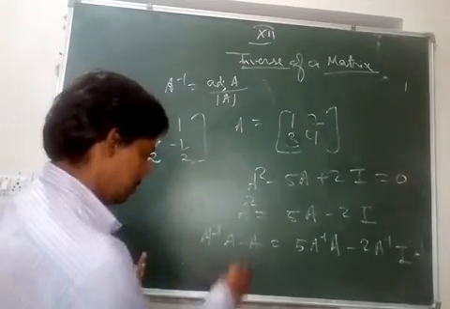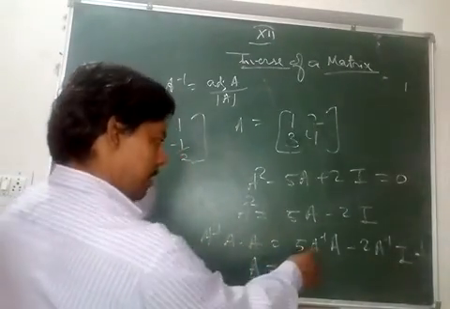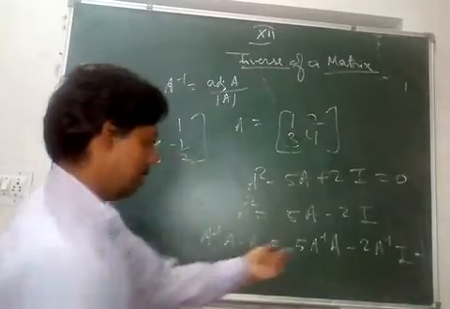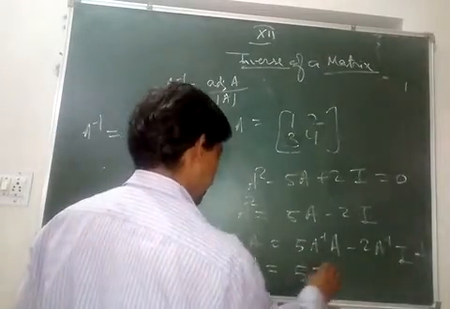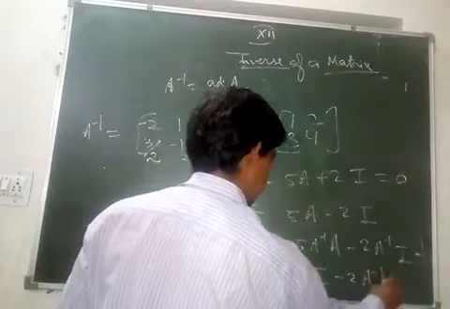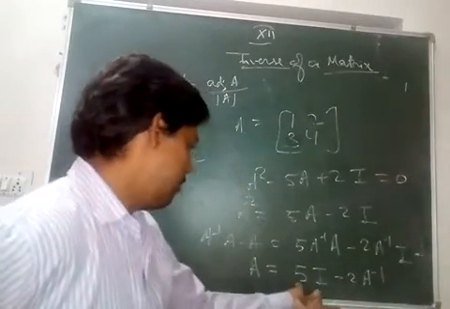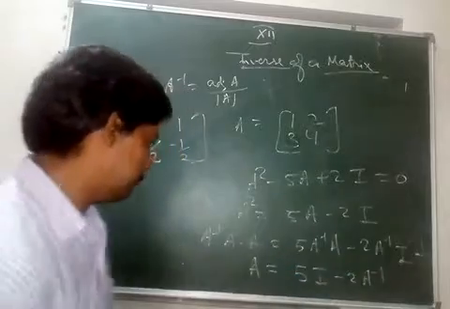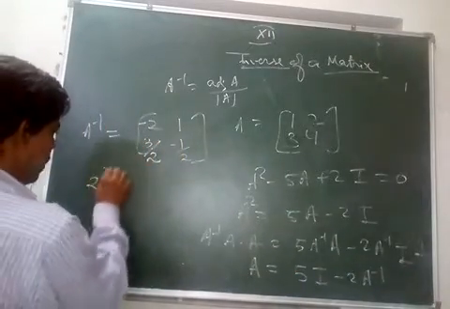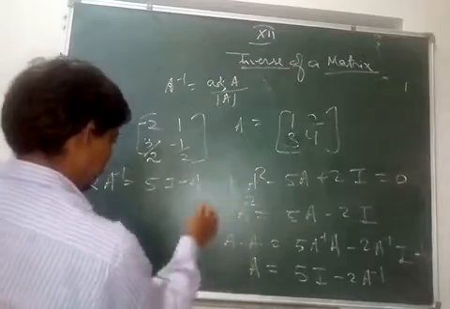It is I. So this is I into A, which is A. And 5 A inverse A is 5I, and this is 2 A inverse. So we get 2 A inverse is equal to 5I minus A.